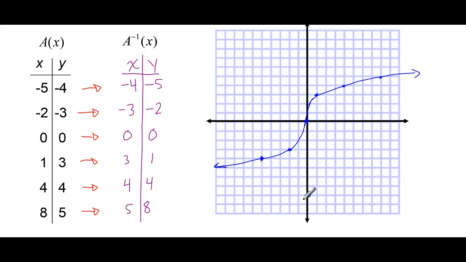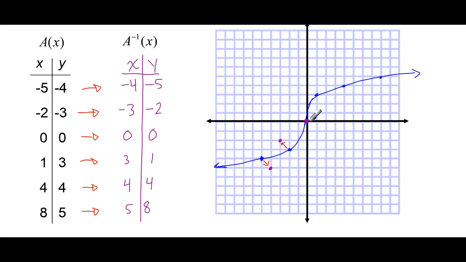So when I go to plot these points, let's see, -4, -5 is here. And just to help you remember, that point kind of moved over to there. It used to be -5, 4, now it's -4, -5. And -3, -2, this point here kind of moved up over there.